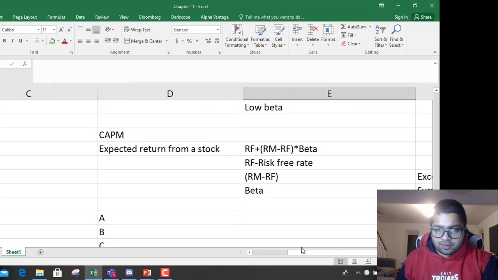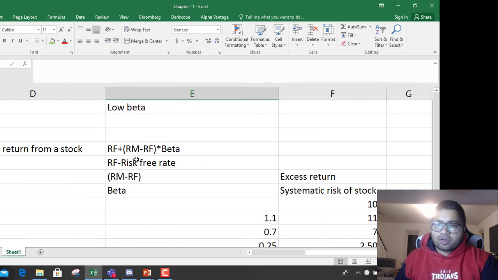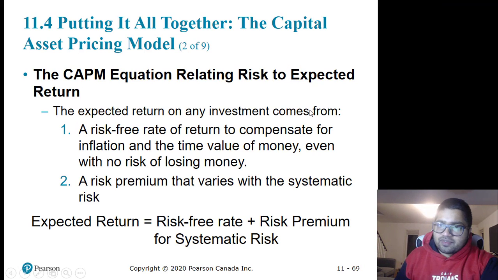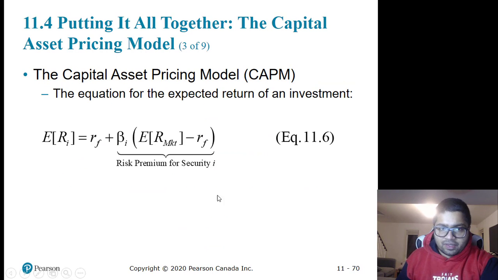The expected return on any stock is the risk-free rate plus the return on market minus risk-free times beta. So expected return on any investment comes from the risk-free rate, risk premium, and sensitivity beta.